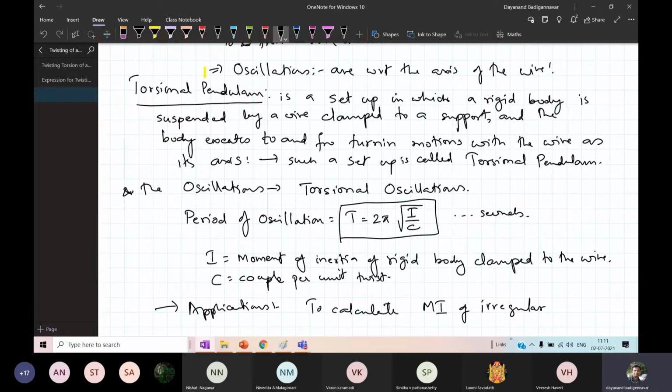That is one. And the second one is to calculate the modulus of rigidity of the wire, of a material or the wire. Okay, so these are the applications of the torsion pendulum.